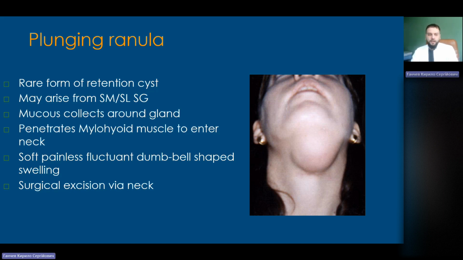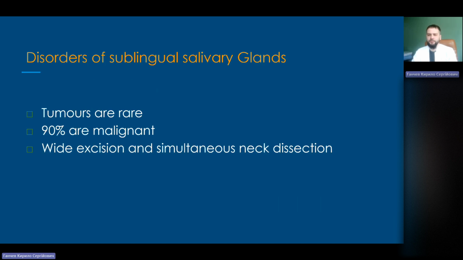And surgical excision, maybe via the neck. So we have the neck dissection, and then of course we remove that problem. No problem.